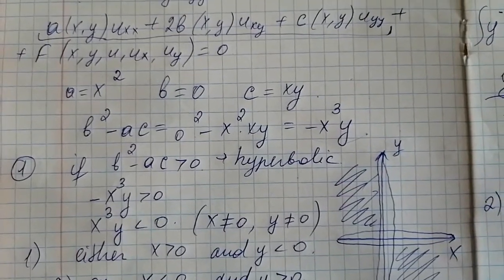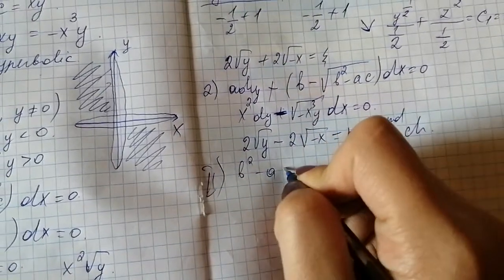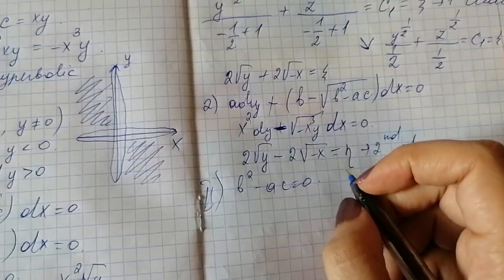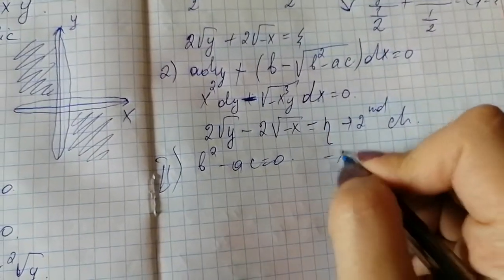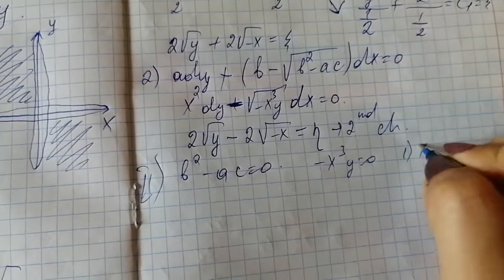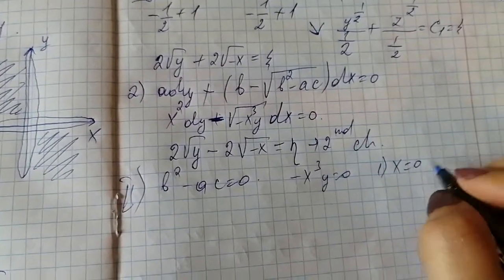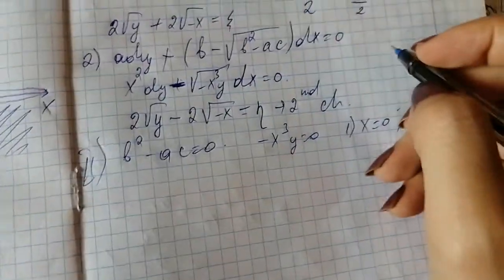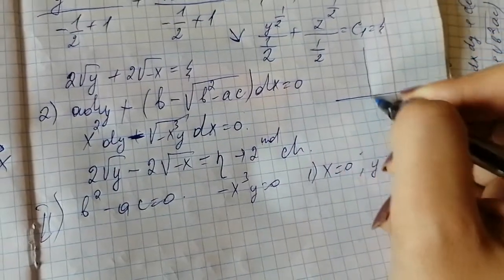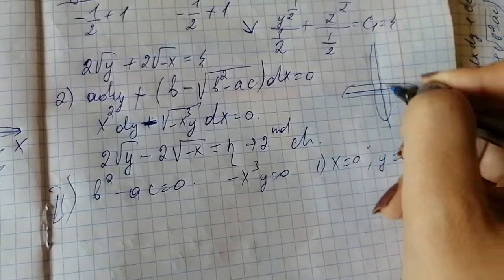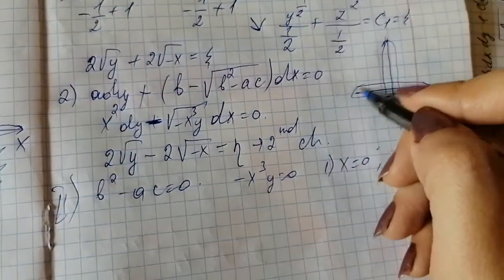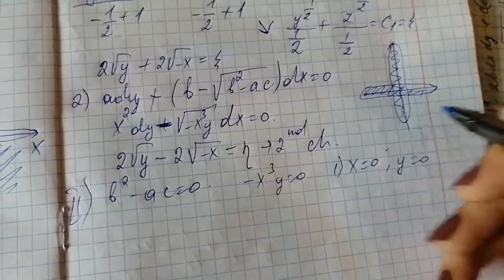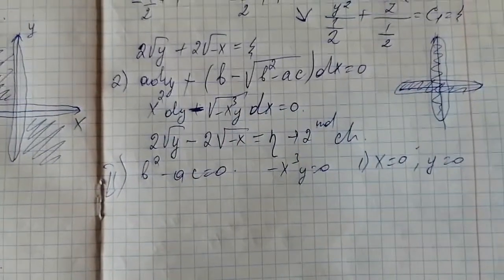In order to find that this is parabolic type, we have to write that b squared over ac is equal to 0, and this can be at the point x is equal to 0, or y can be equal to 0, and it will be in the graph like this, where x or y is equal to 0, and this part shows that this equation is the parabolic type.